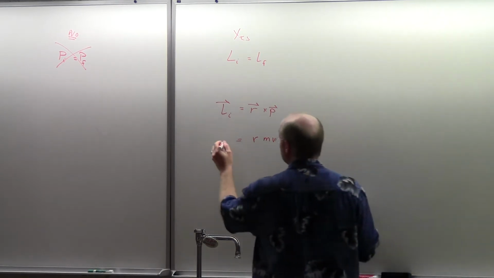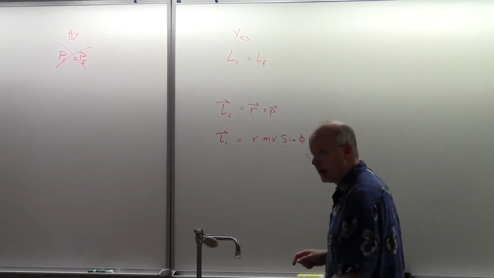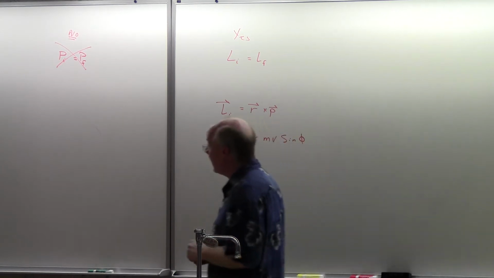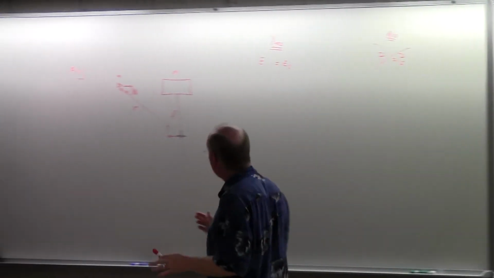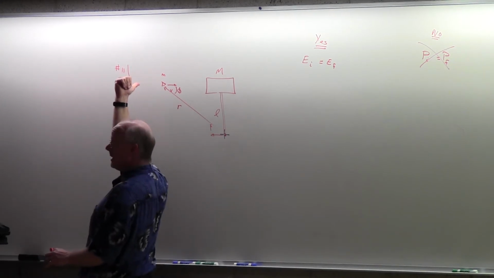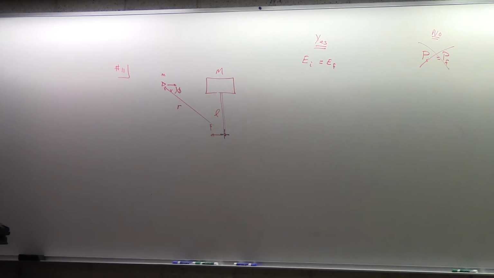And I guess technically, to make it a vector, it's got to have a direction. So this is the magnitude of the cross product. And then I can get my right hand out here and say, okay, there's R cross P, gives me into the board. And so the direction of the angular momentum is in the negative Z direction.